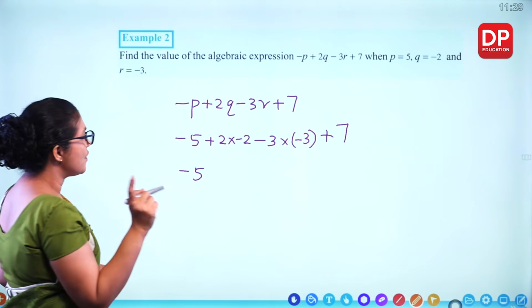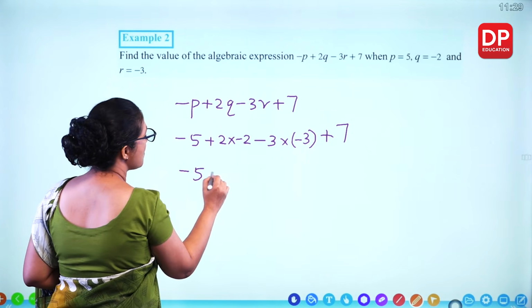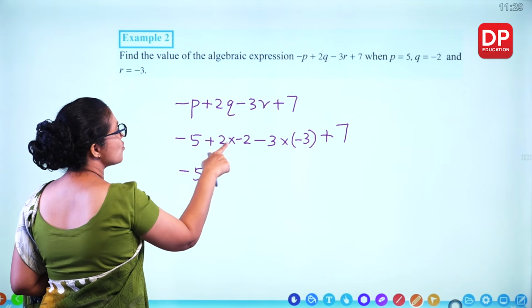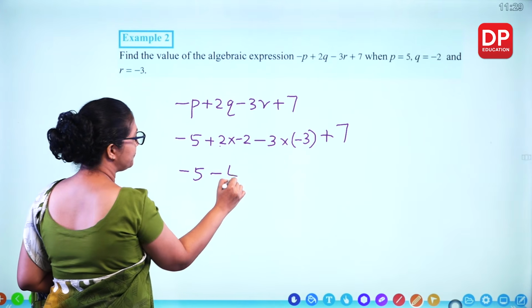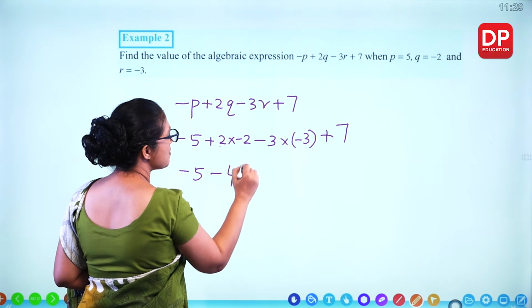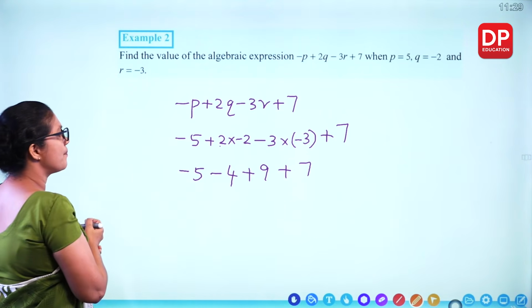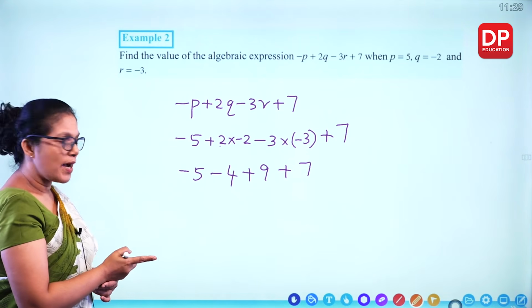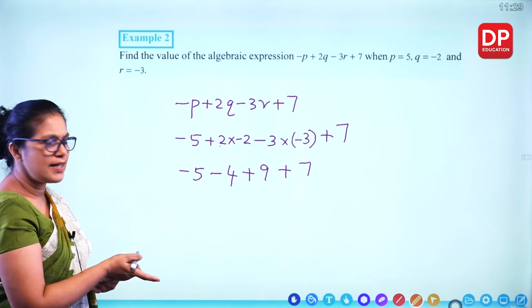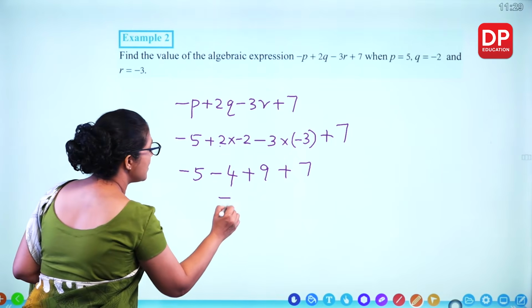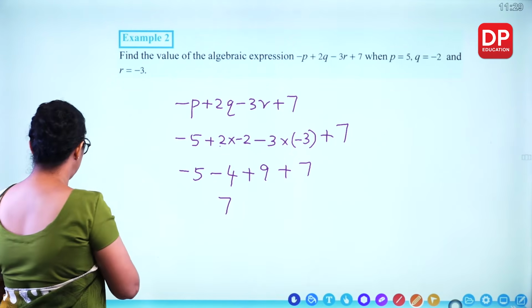Do multiplication first. Minus 2 times minus 2 times 2, minus 4. Minus plus and 7 there. Minus 5 minus 4, minus 9. Minus 9 plus 9, 0. 0 plus 7, you get 7.